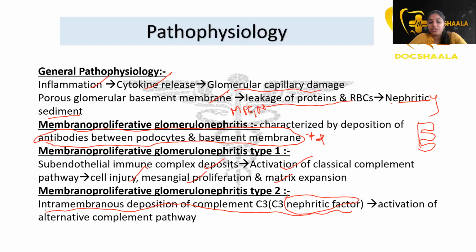This leads to activation of the alternative complement pathway. When you have antibodies and complement pathways involved, you will come to the conclusion that it is an MPGN. So this is the pathophysiology of nephritic syndrome.